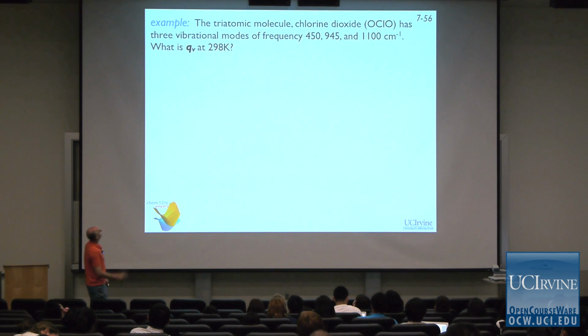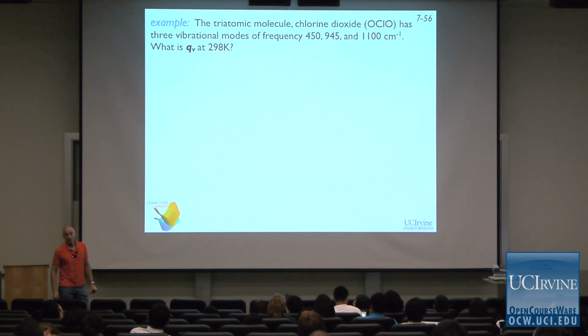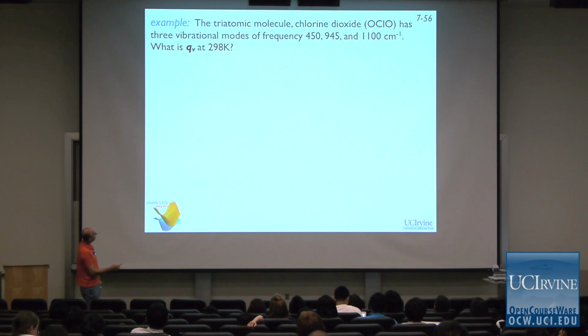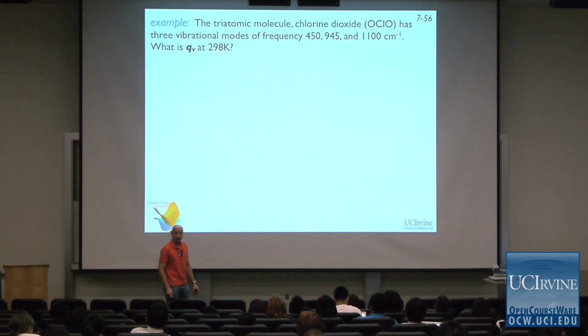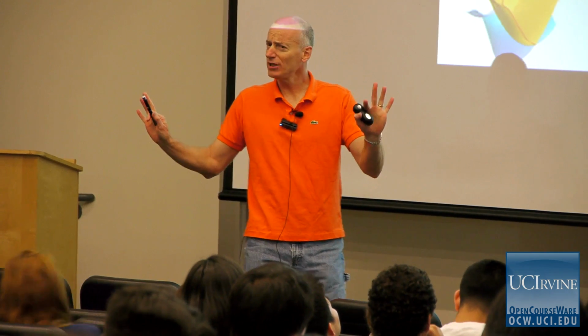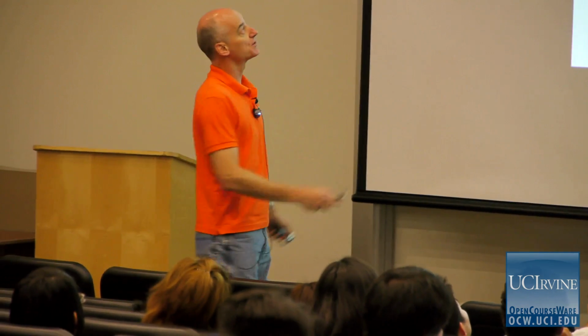Now, let's do a calculation. The triatomic molecule chlorine dioxide has 3 vibrational modes at frequencies of 450, 945, and 1100 wave numbers. What's the partition function at 298 degrees Kelvin? How much thermal energy is there at room temperature? 200 wave numbers.